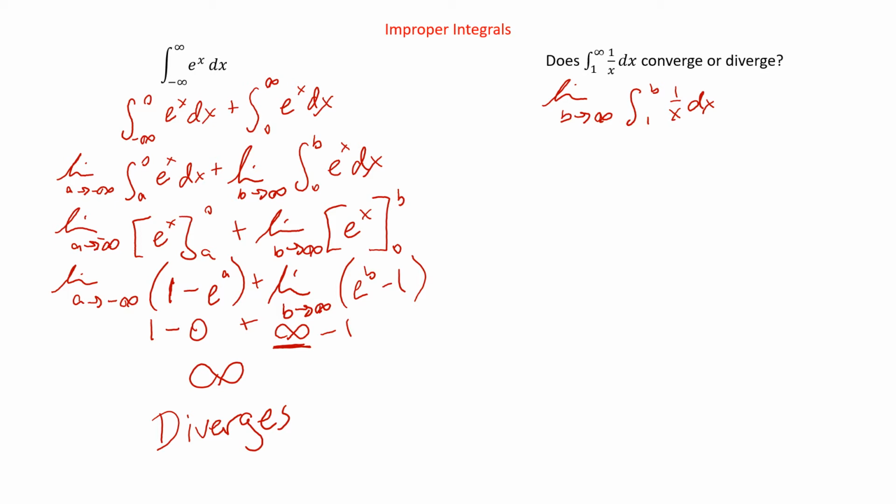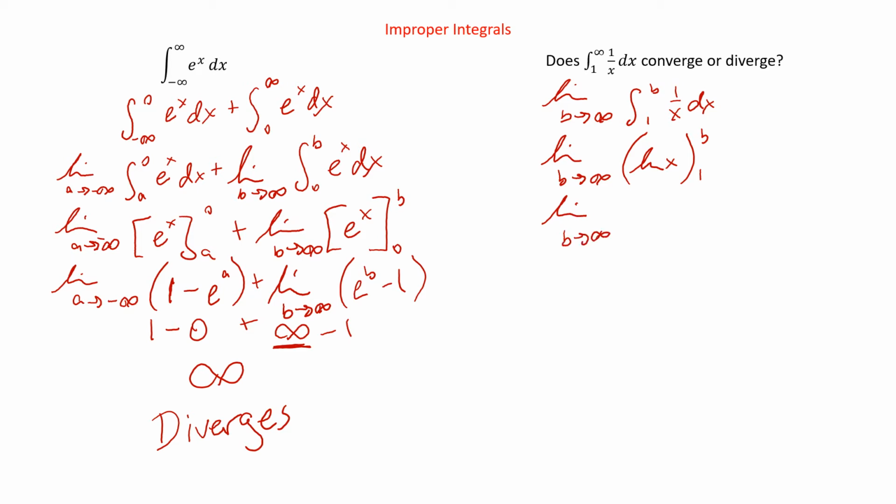We're going to find the antiderivative of 1 over x dx, which is just natural log x, 1 to b. Technically, it's an absolute value of x, but both of our bounds are positive, so that does not make a difference.